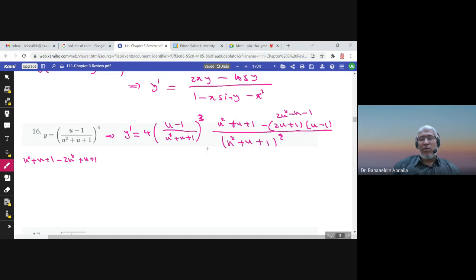So it would be 4 times (u minus 1 over u squared plus u plus 1) to the power 3, and here I have (u squared plus u plus 1) to the power 2, and here I have negative u squared plus 2u plus 2.